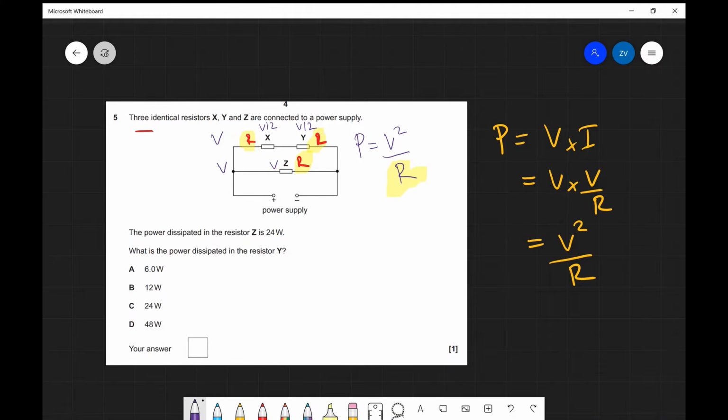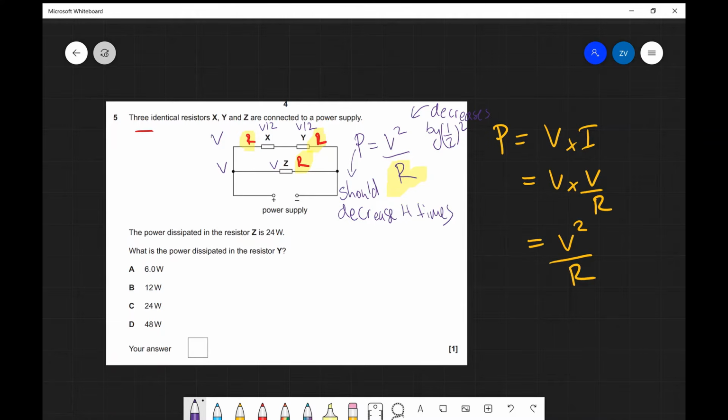Well, V squared is decreased by a half squared. So it actually decreases 4 times. So in other words, the power should decrease 4 times as well.